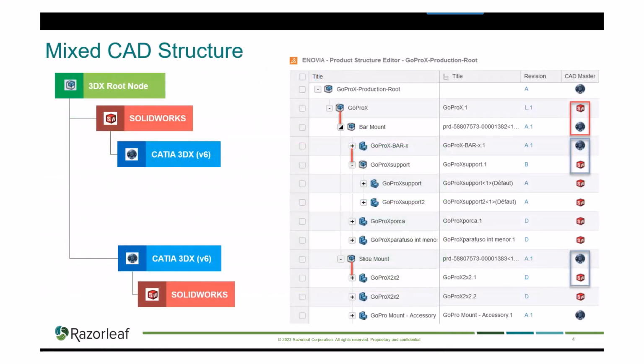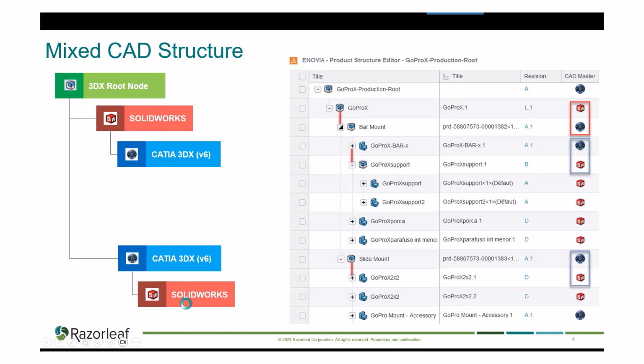So what does that look like? I like doing these kind of graphics to kind of lay out some of this to be able to have the discussion. And what I said earlier is this top level, the 3DX root node, has to be there to be able to do this kind of thing, right? And you'll see that underneath the 3DX node, I have a SOLIDWORKS, and as a child to the SOLIDWORKS, I have a CATIA file.